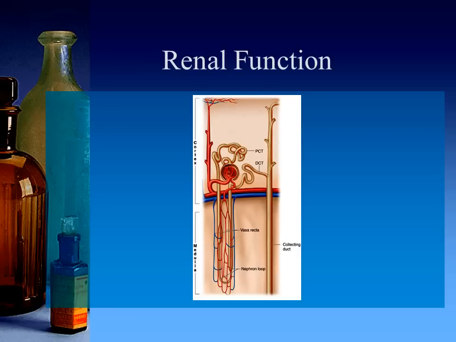The proximal tubule, the loop of Henle, and the distal tubule contain really special transport systems that can pull ions out of the tubules and put them back into the blood. The most important of these ions that we talk about is that of sodium and the movement of sodium across those tubules.